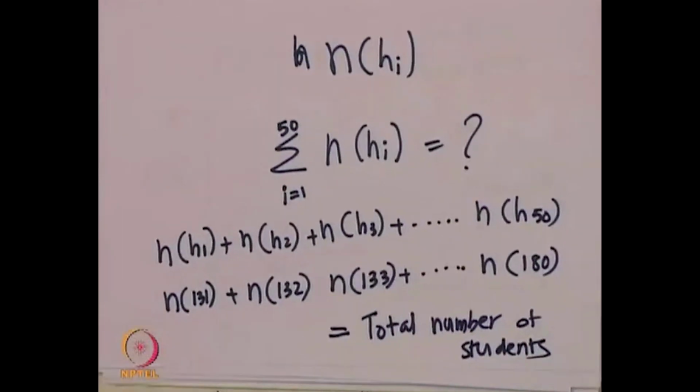Right, because this involves all the students with height 131 to 180. We are measuring centimeter by centimeter, having this kind of histogram, and then doing the sum, and at the end what you get is the total number of students. That is what is essentially shown in this slide here.